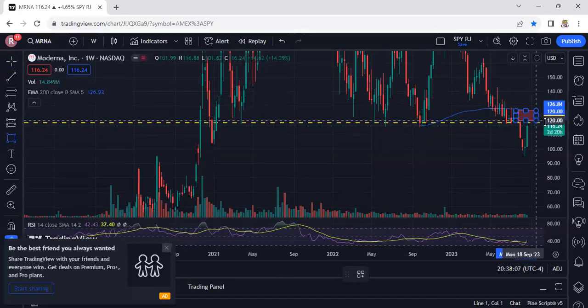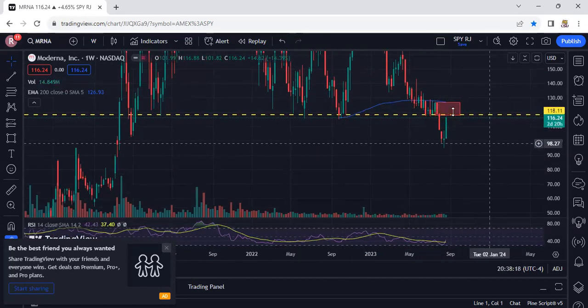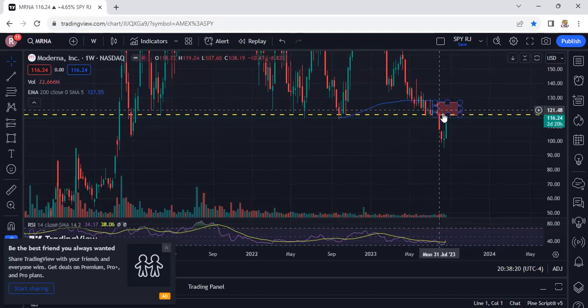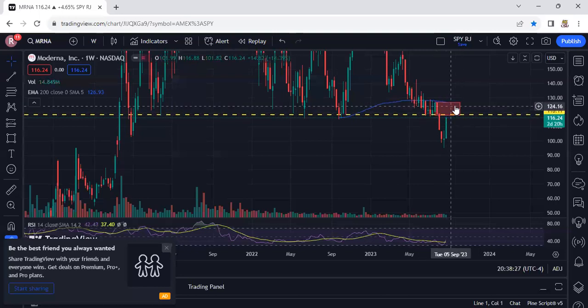And this one might be pretty tough because this is a weekly supply zone right here. That is a weekly supply zone that we're about to get into, which also, like I always say, these things line up. Where's this zone? Right where this level's at. So it's about to enter a weekly supply zone. So it's gonna be interesting.